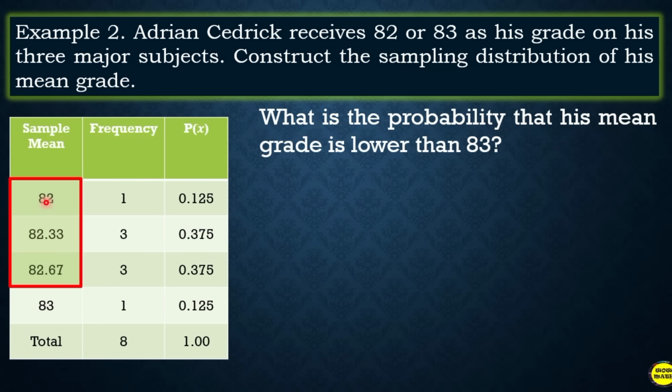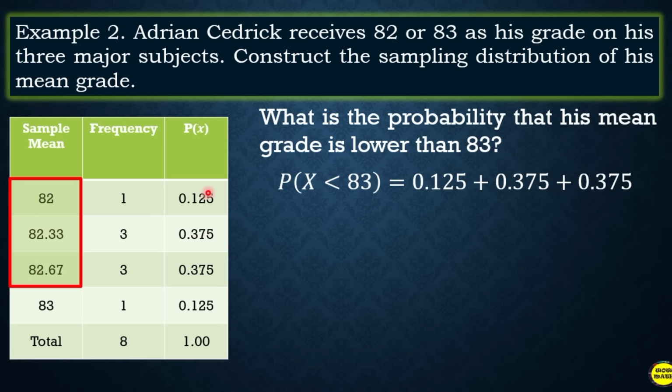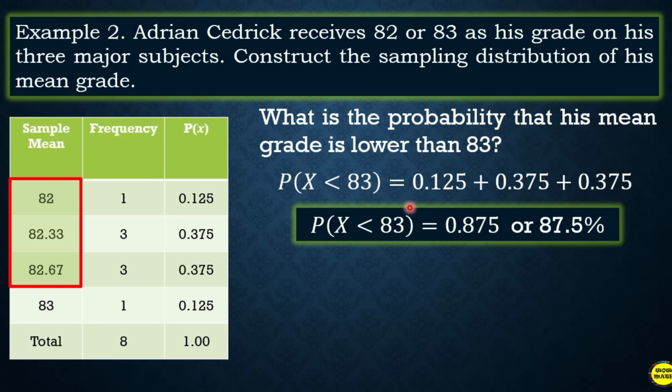So, ang gagawin lang natin, add lang natin yung corresponding probability nung average grade na mababa sa 83. And that is 0.125 plus 0.375 plus 0.375. The answer is 0.875 or 87.5%.